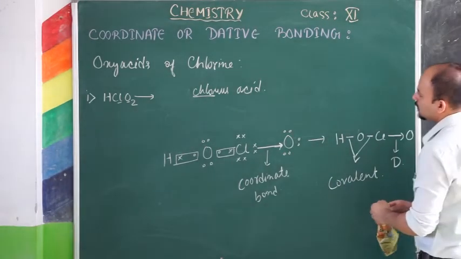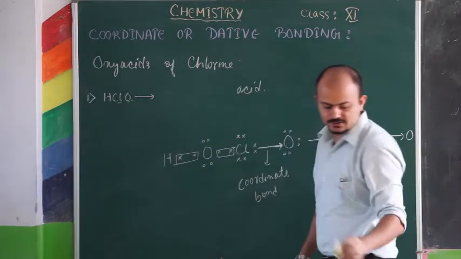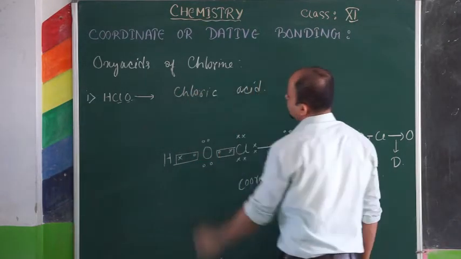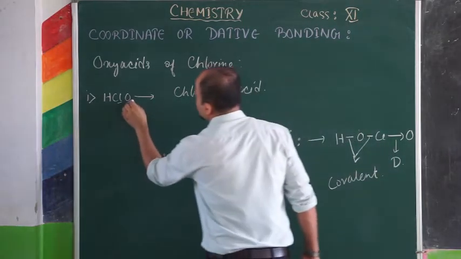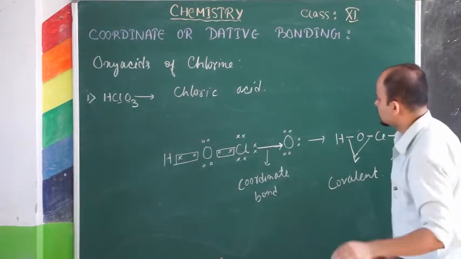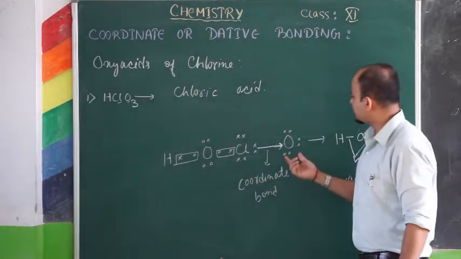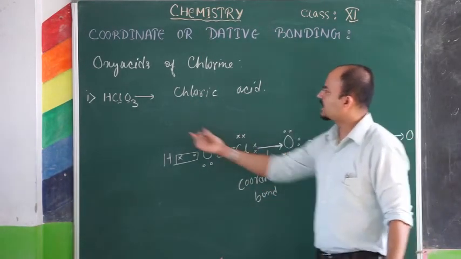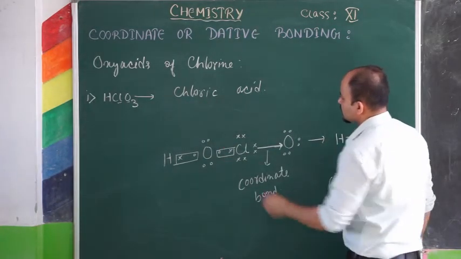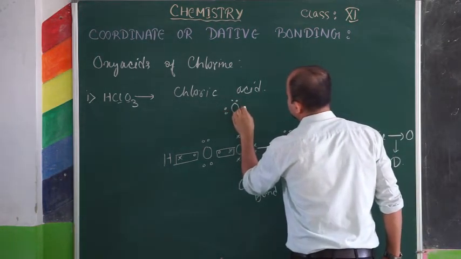Now let's discuss chloric acid. In chloric acid, you have 3 oxygen atoms. Now from this structure itself, let's come to the structure of chloric acid. Okay, so here you can see that you have 2 oxygens. 1 more extra oxygen is present in case of chloric acid. So this oxygen again will have how many electrons? 1, 2, 3, 4, 5, 6.